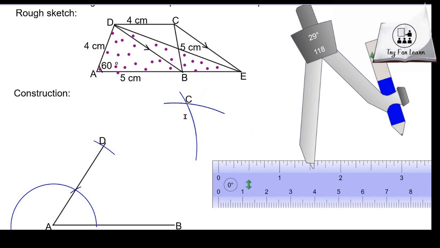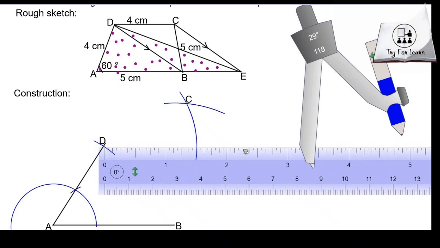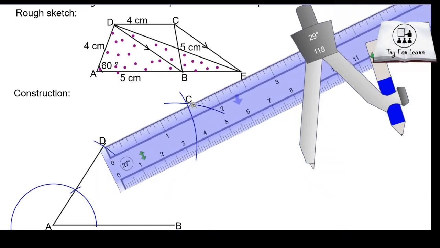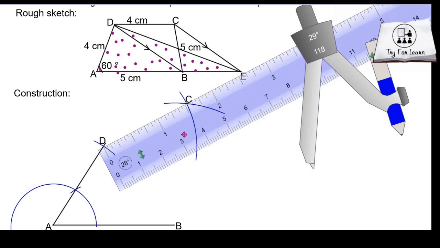and if you join BC and DC, you will get quadrilateral ABCD. Now let's join by using scale and pencil. You can join like this. You have to join D and C straight.